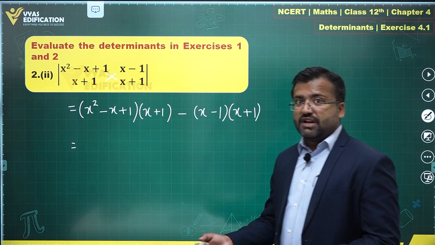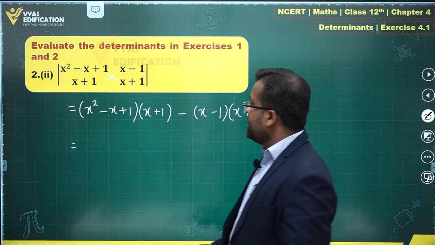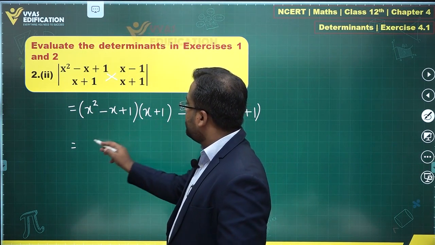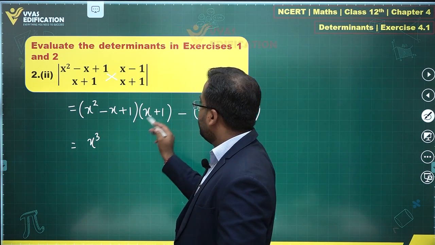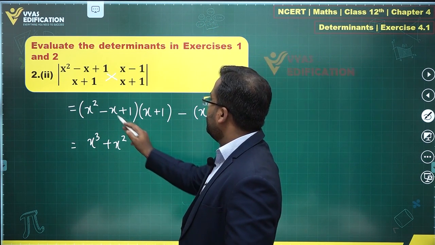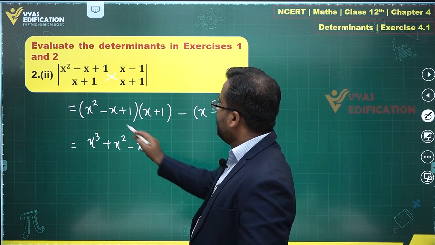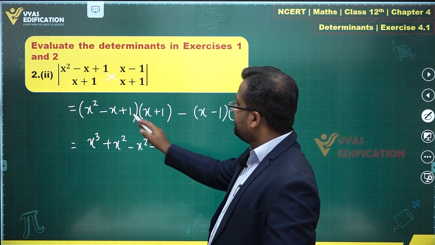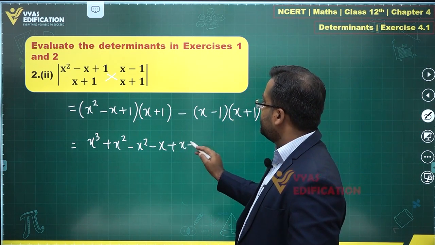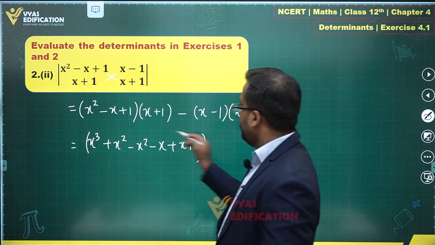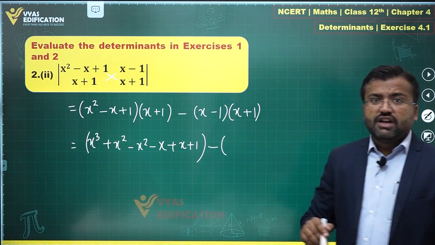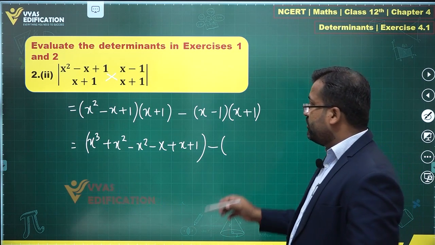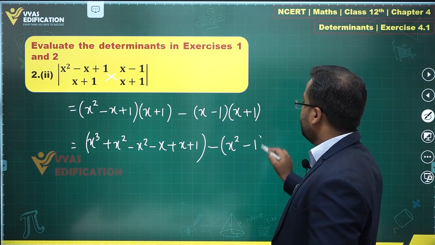Yes, for that let's multiply them together, multiply the brackets and see where does that take us. This is x power 3 plus x square minus x square, minus x times 1 is minus x, then you have plus x plus 1 in this bracket over here, minus, what do we have? We have x plus 1 times x minus 1, which is actually equal to x square minus 1 simply.